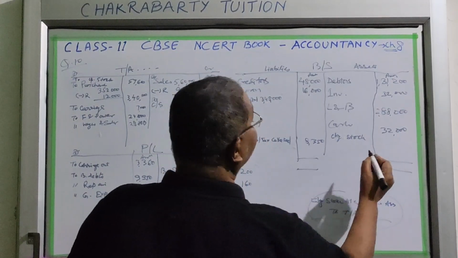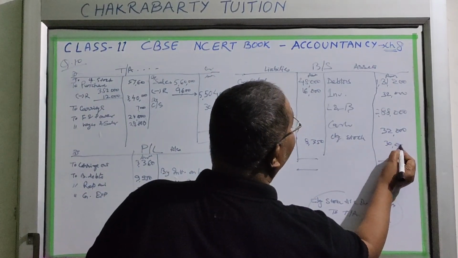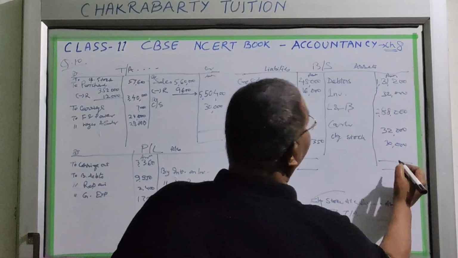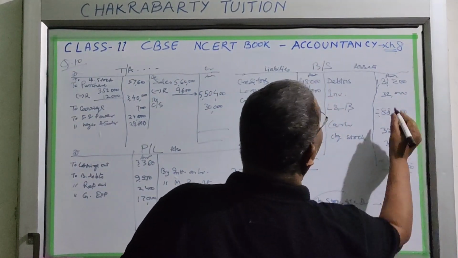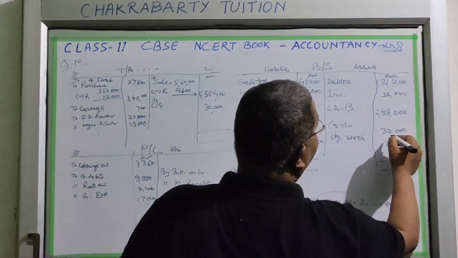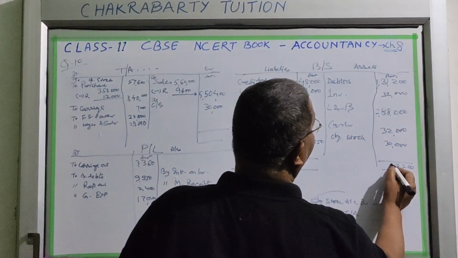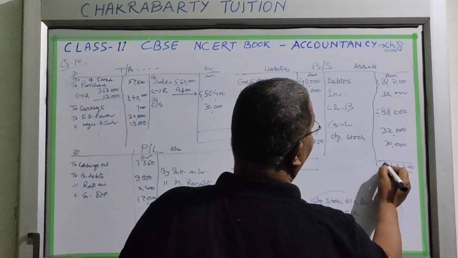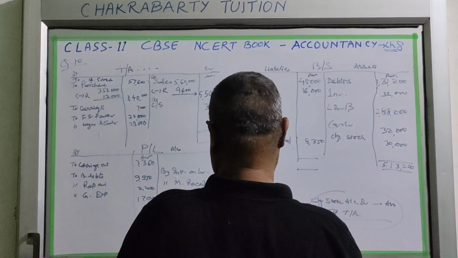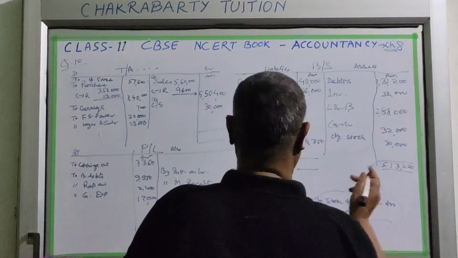Okay, so closing stock is 30,000, and I think this side is over. I can make a total also, because all items are over. 5,13,200.